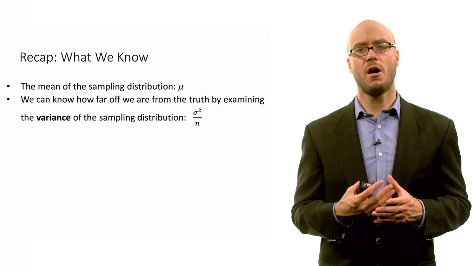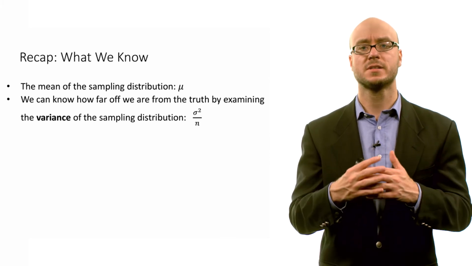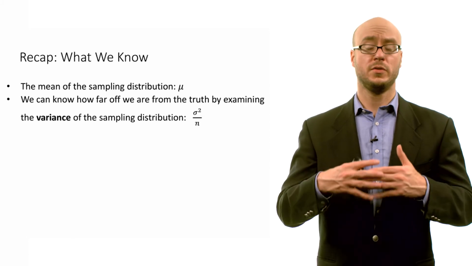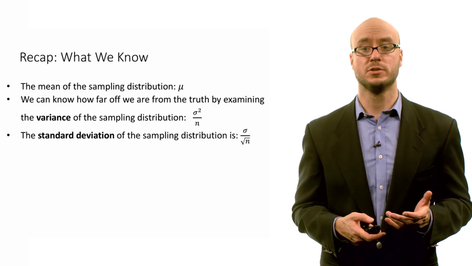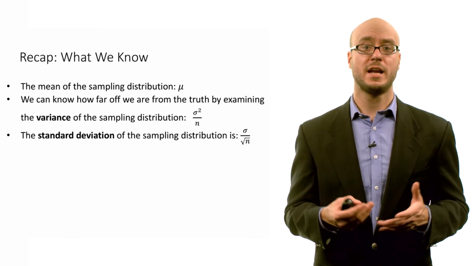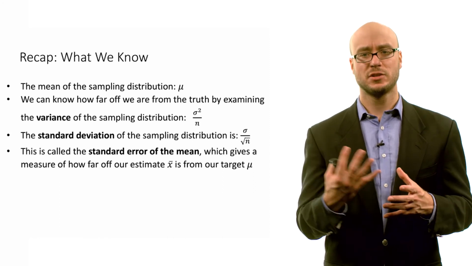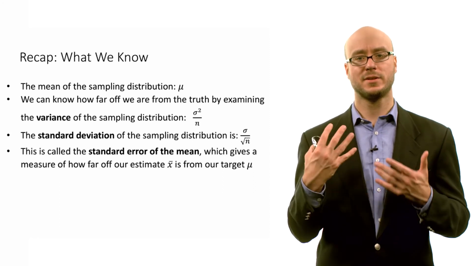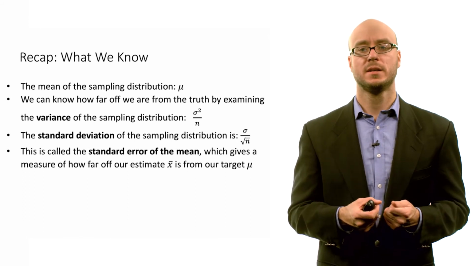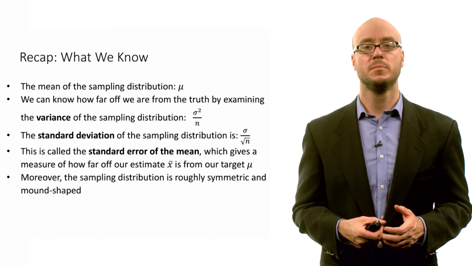And we can know how far off we are from the truth by examining the variance of the sampling distribution, which is sigma squared divided by n, or the standard deviation of the sampling distribution, which is sigma divided by the square root of n. That standard deviation of the sampling distribution we call the standard error of the mean. We call it an error because it's an idea of how far off we expect a point estimate x bar to be from our target, this unobserved population mean mu.